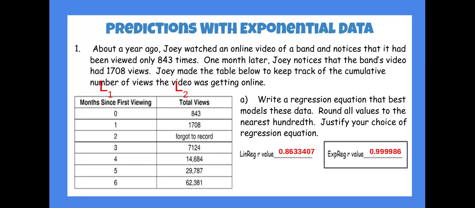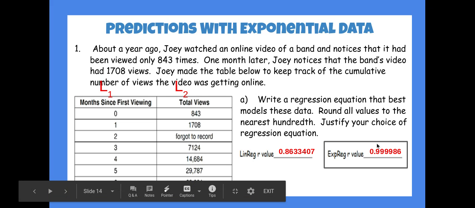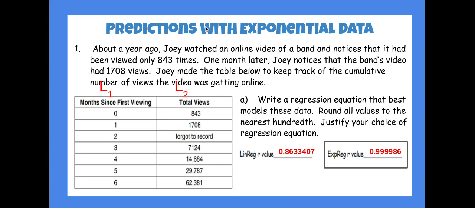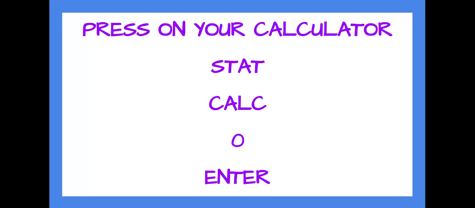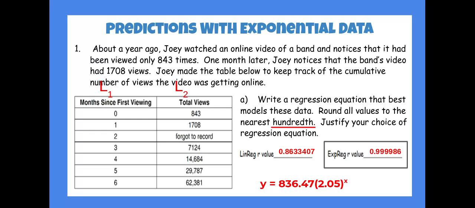Since we found that that was the stronger value because it was closer to 1, and some of you were still having a hard time, think about a test grade. This is a 99, this is an 86. This is closer to 1. The exponential regression value is definitely the strongest, so we're going to use that to represent the data. Let's go back in and press StatCalc 0 to get it on our calculator again.